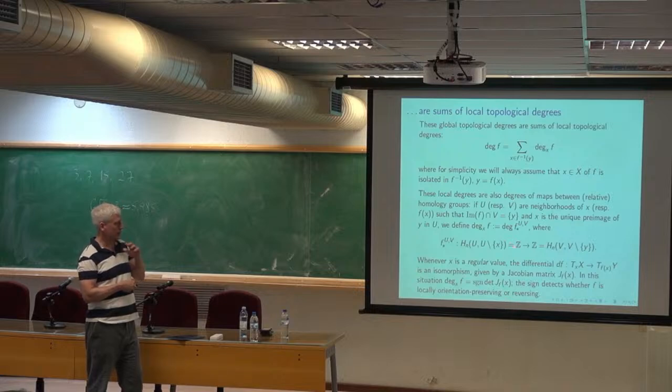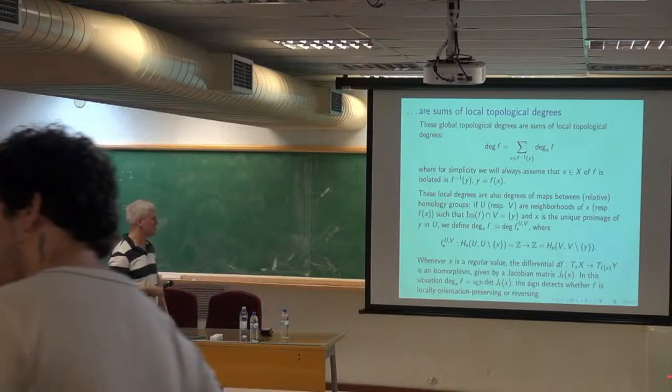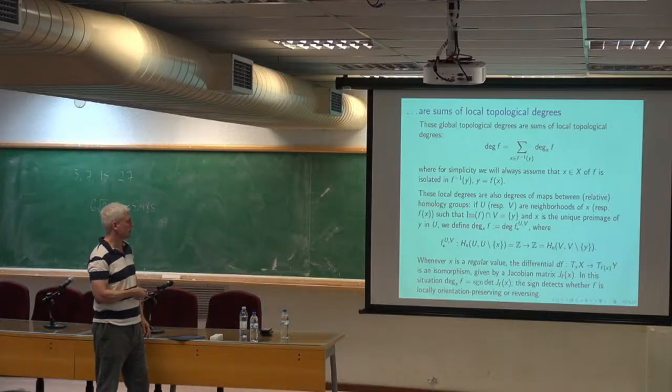But now there's an issue of how to calculate these topological degrees, and in particular the local ones, at points that are non-regular critical values. If x is a regular value, which just means that the differential induced at the level of tangent spaces is an isomorphism, as a matrix this linear map is just given by the Jacobian matrix of partial derivatives.